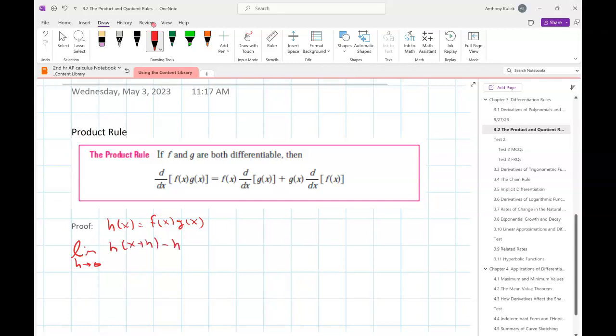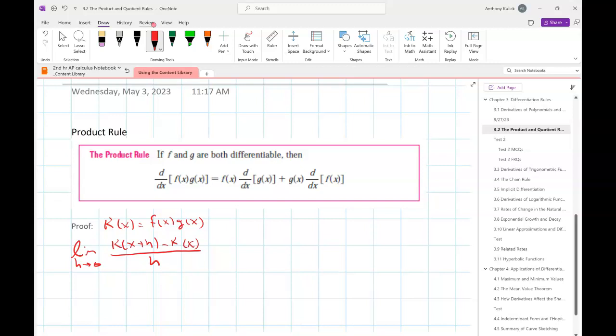So again, I should have picked a different function name than h. Let's call it k, because I have h's other ways. That's bad notation, Mr. Kulik.